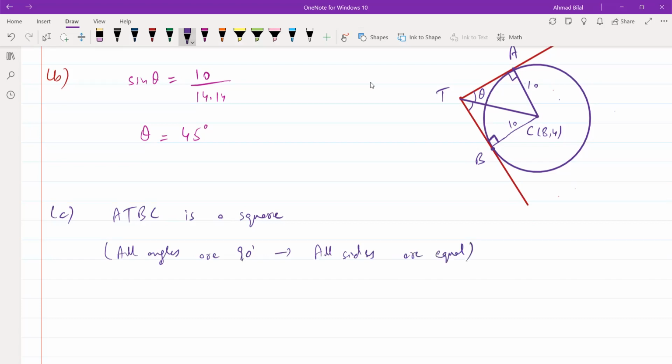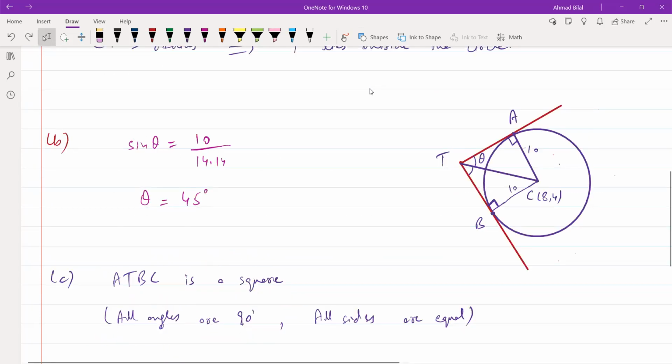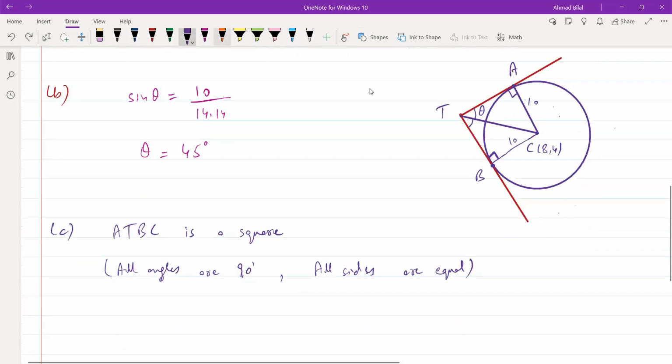So it's a square. What we are basically looking for is the equation for its diagonal. AB की equation चाहिए. What is AB? AB is the diagonal of this square. Square के diagonal की equation चाहिए.